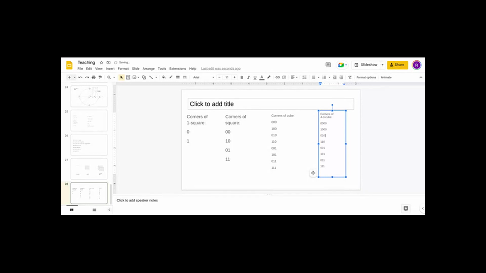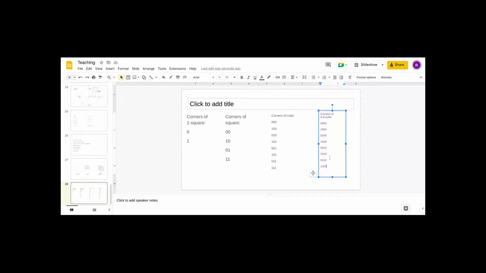Zero. I just put zero everywhere. And that gives me one set of 8 corners for the 4D cube. So these are 8 corners of the 4D cube.